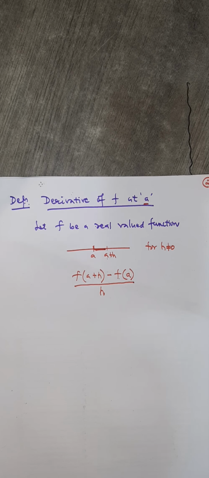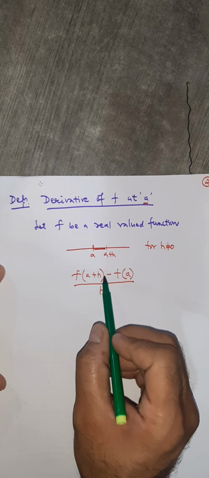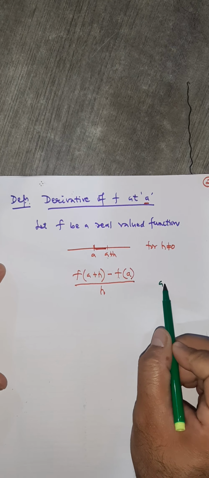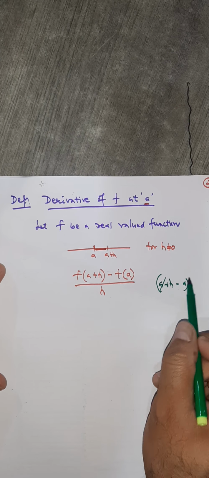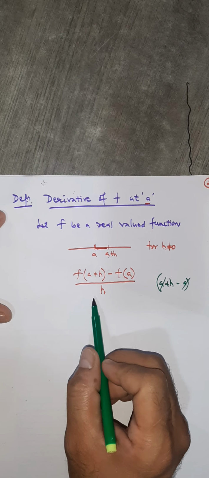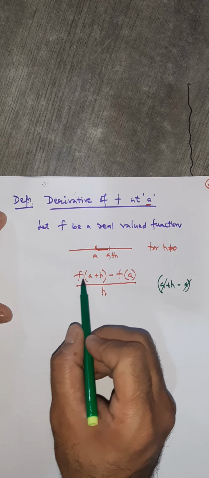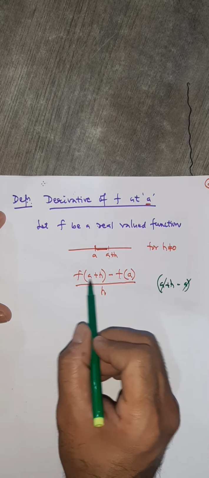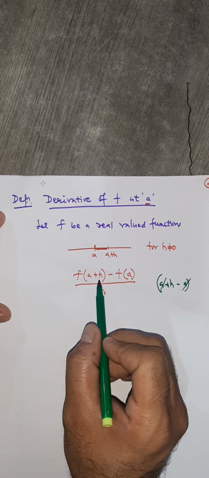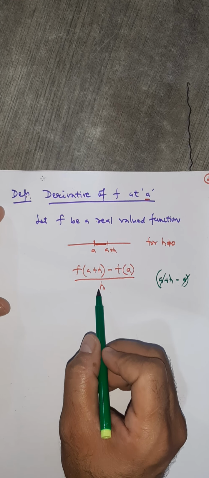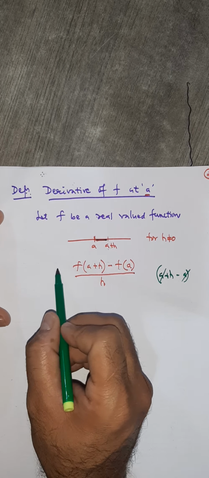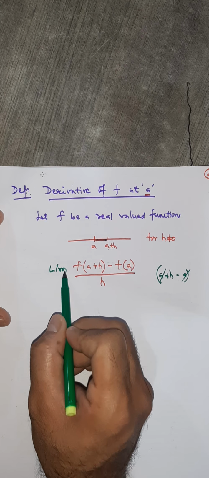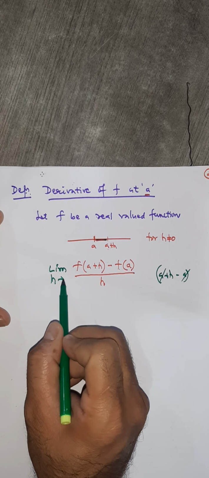What is this? This is a plus h minus a, so you are just left with h. I wrote h directly. This is the ratio of the difference of the values of the function to the difference of the values of the variable, and then we try to make this difference as small as possible. So we ask for the limit as h tends to 0.